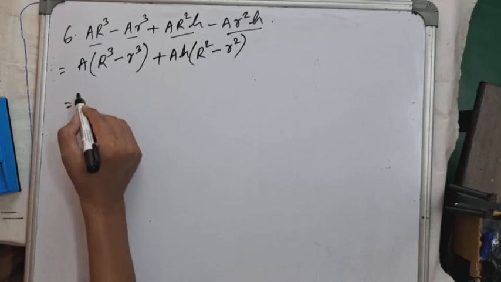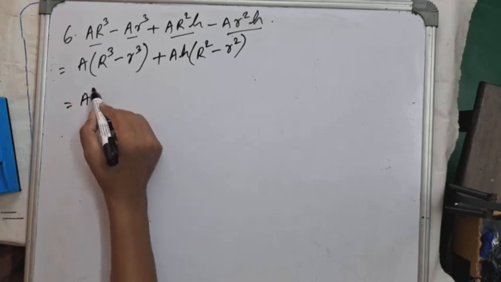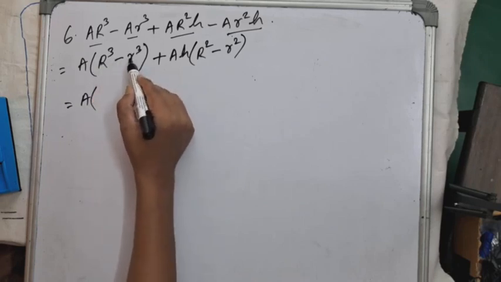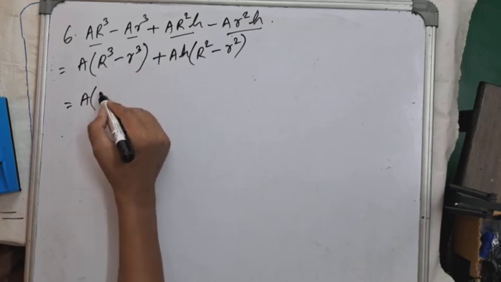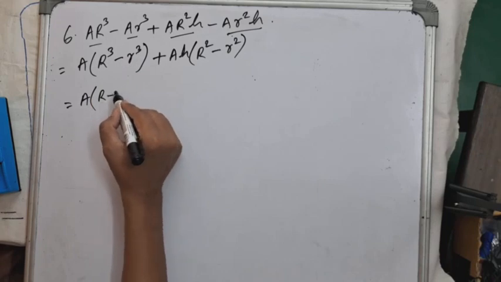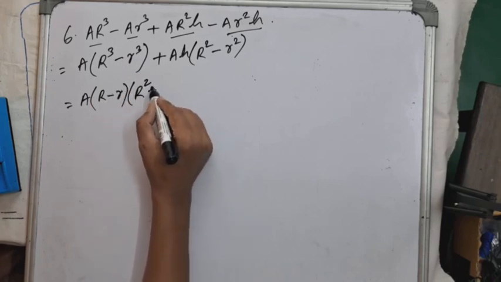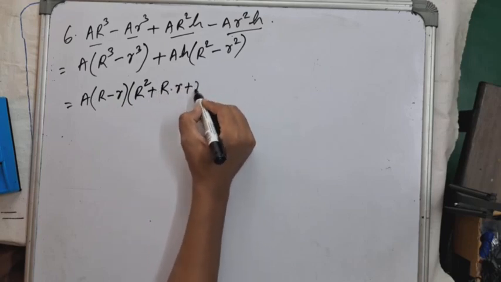Now this A we write here as it is. This capital R we assume as a and small r we assume as b. So a cube minus b cube means a minus b, a square plus ab plus b square.